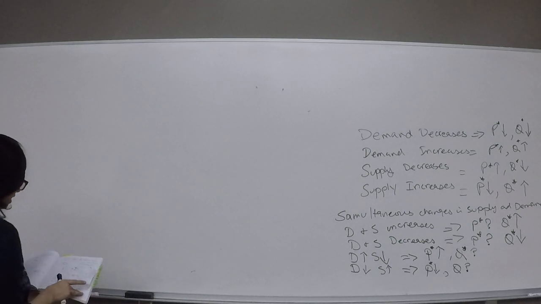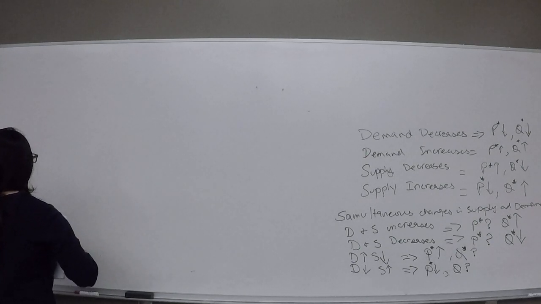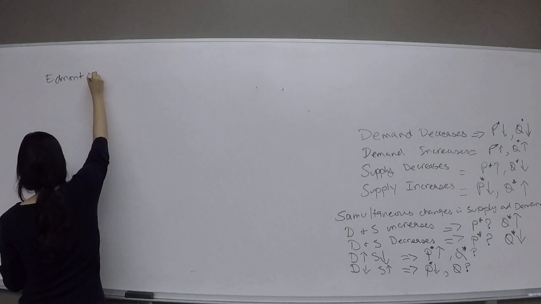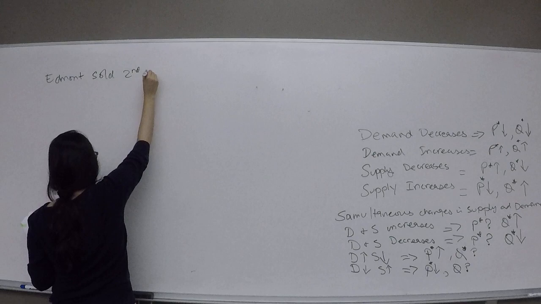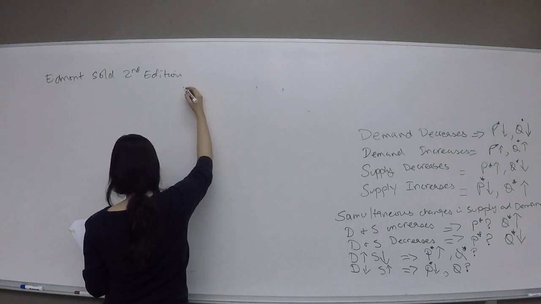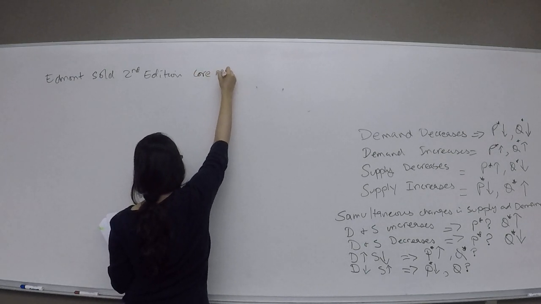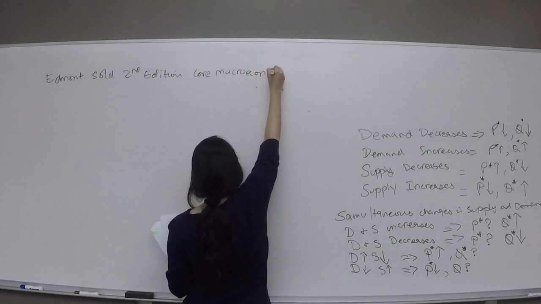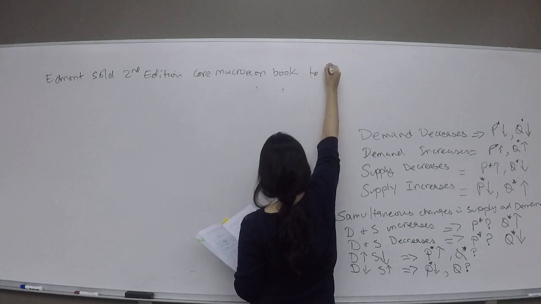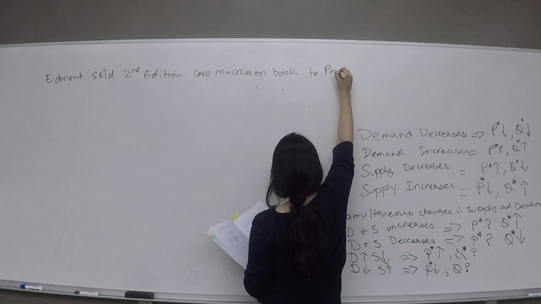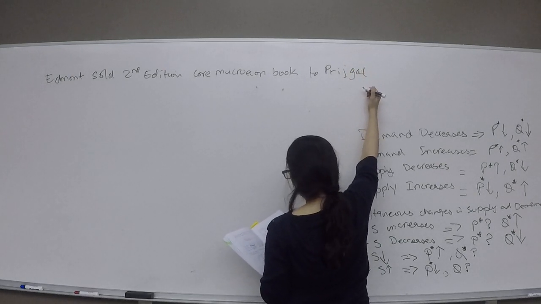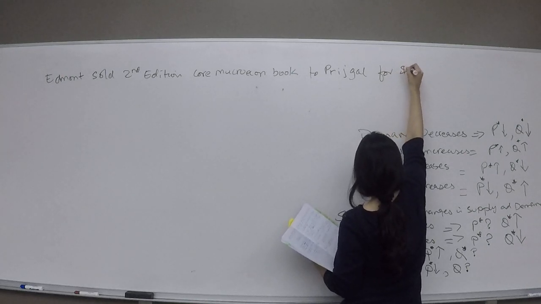So we're going to do an example where Edmund sold a second edition Core Macroeconomics book to Priggle for $25.